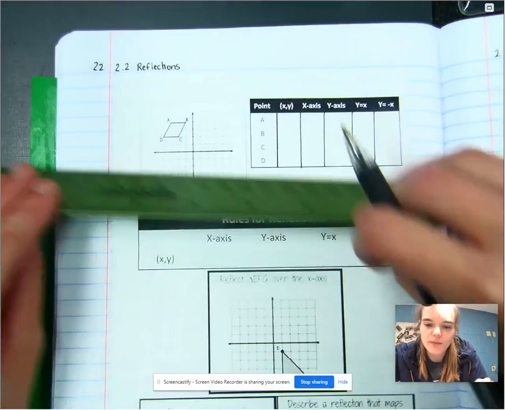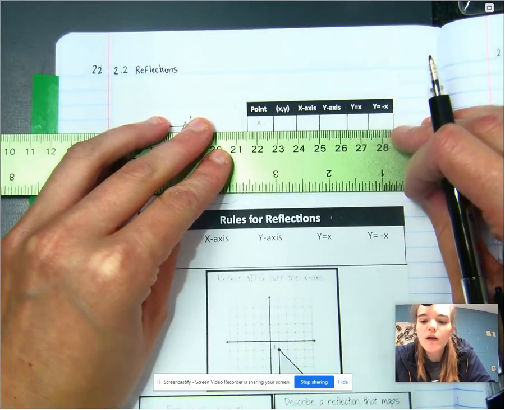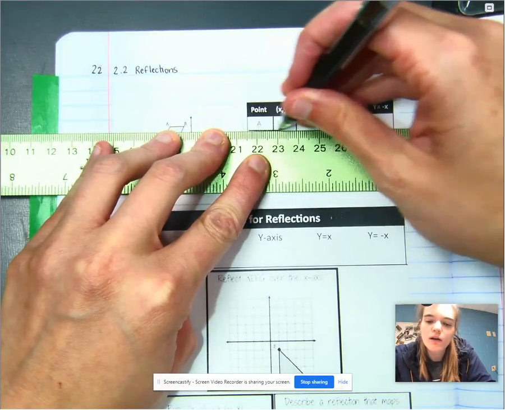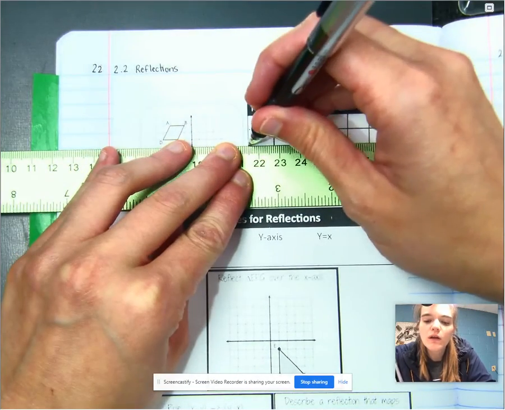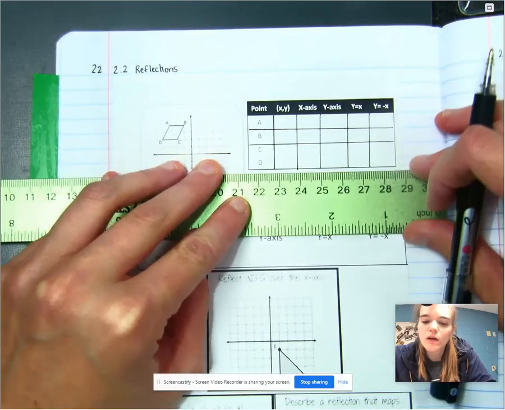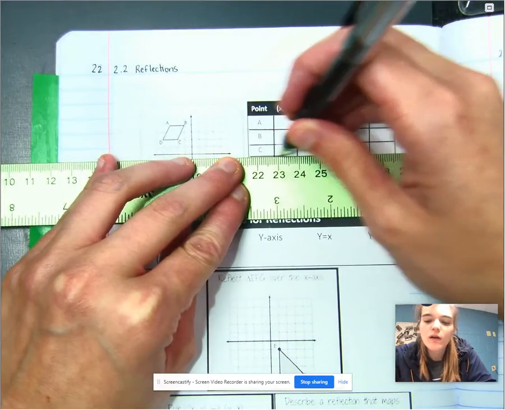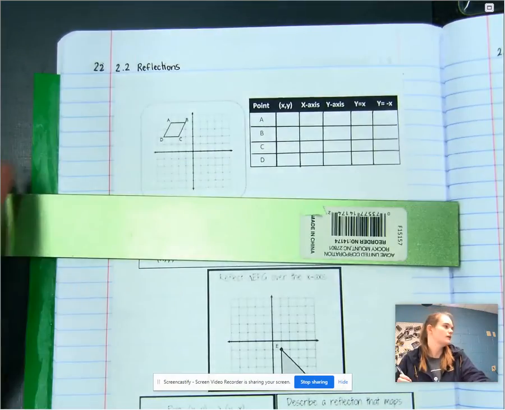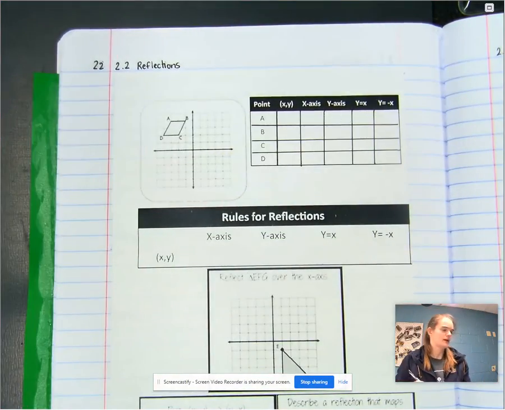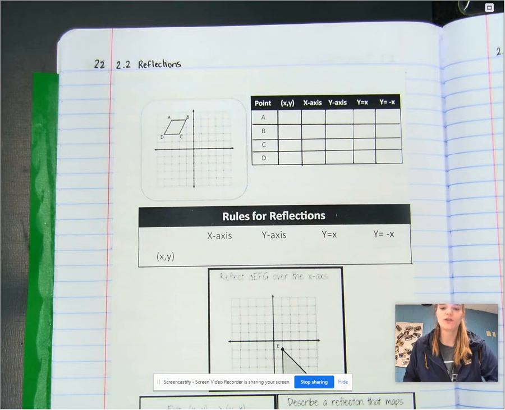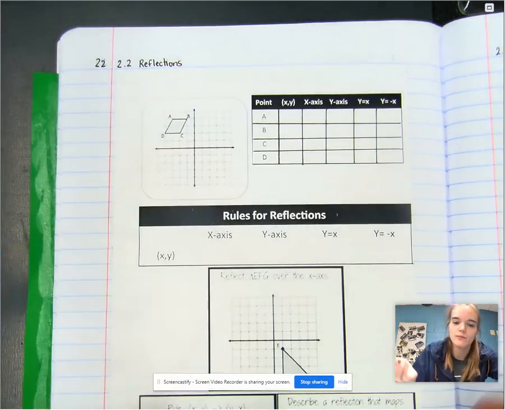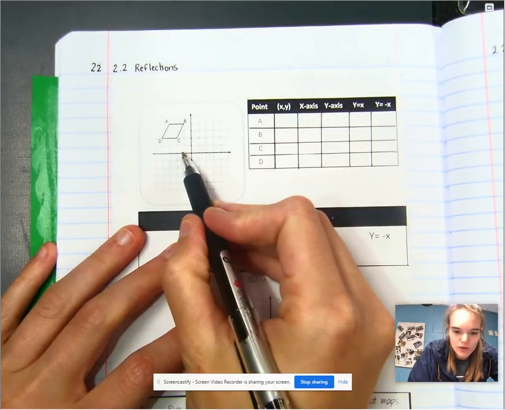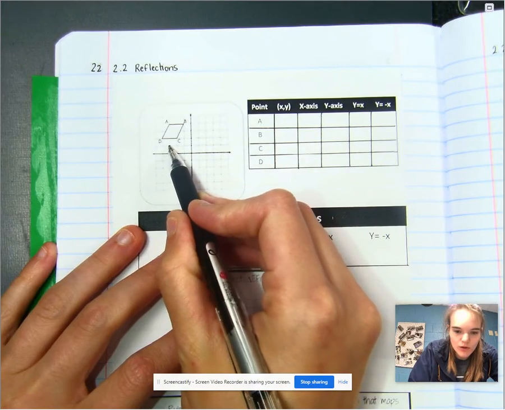Okay, there we go. We're going to do the same thing here. Alright, now that I can pick up that straight edge. First of all, we are going to write down the coordinates for A, B, C, and D. So A, 1, 2, 3, 1, 2, 3, 4.